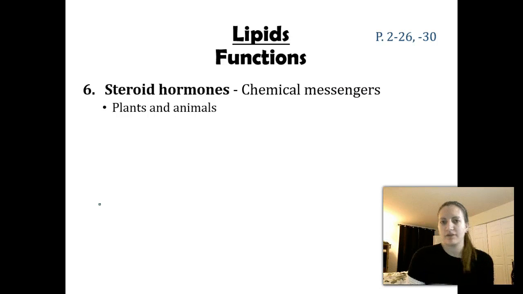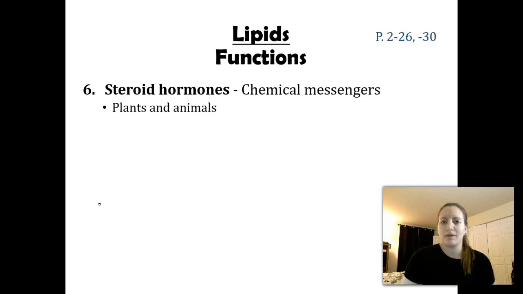Another function of lipids, and the last function that we'll talk about with lipids, is hormones. Typically, when we think of hormones, you think of someone acting crazy, or a girl's on her period so she's really irritable, or a guy is being really mean or anything like that.